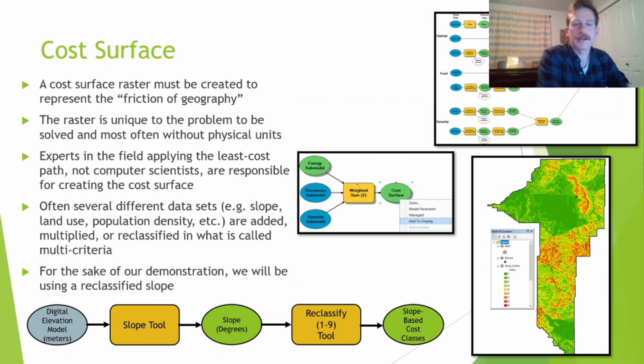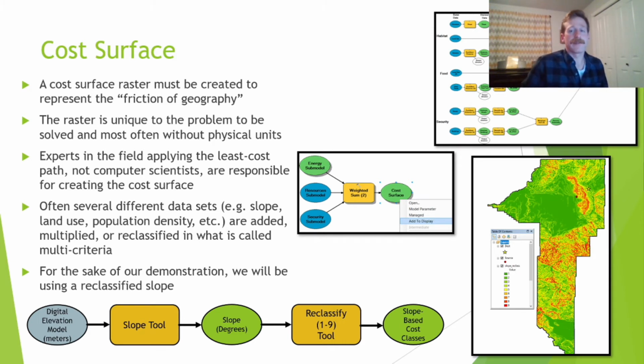You can't have a cost distance metric without a cost surface, so the space for the metric to exist in. So you have to build a raster that will represent that friction of geography. Where is it easy to pass through and where is it hard? That is going to be so unique to the problem, it's hard to generalize it. You can't talk about SwiftFox and power lines in the same way.